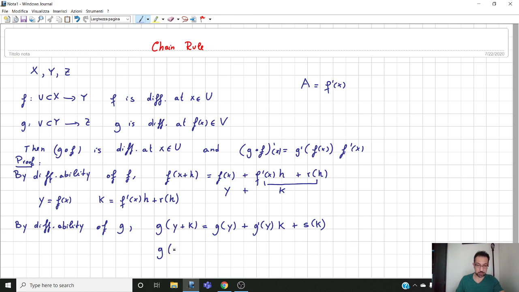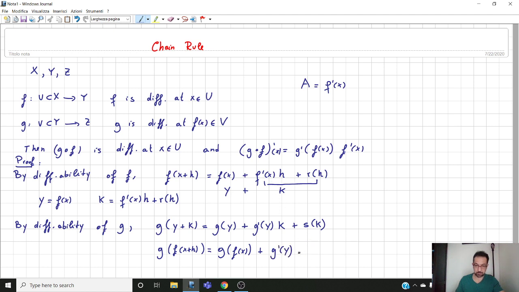So now I can write that g of f of x plus h is equal to g of f of x, plus g prime of y that multiplies k.